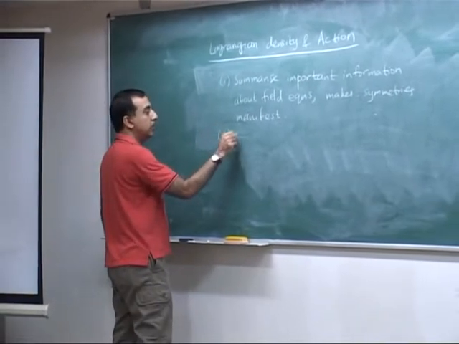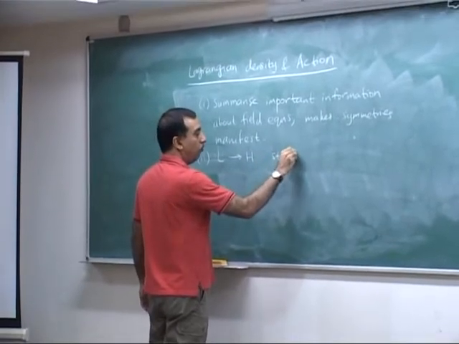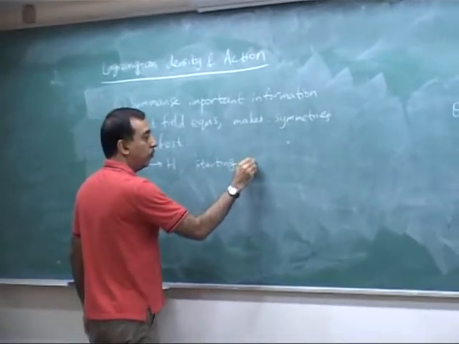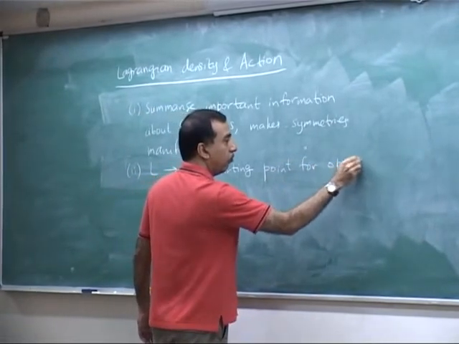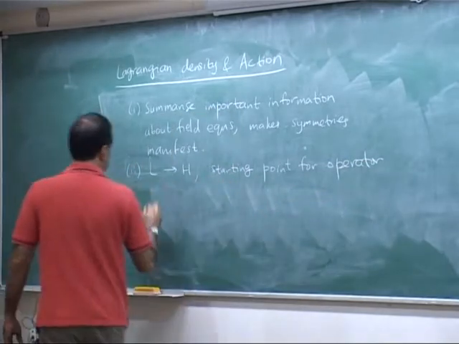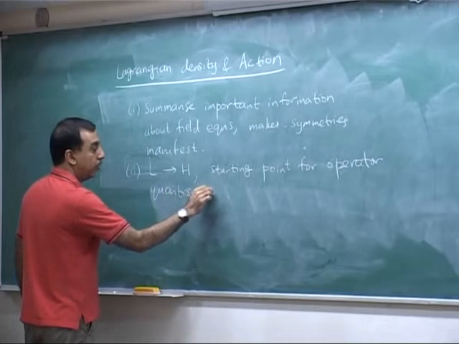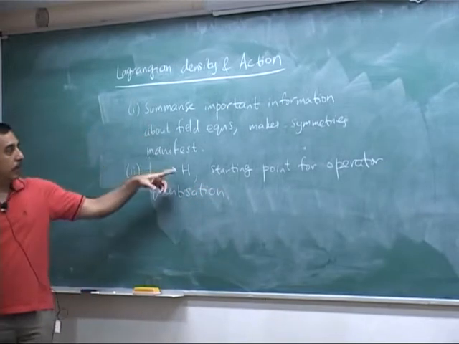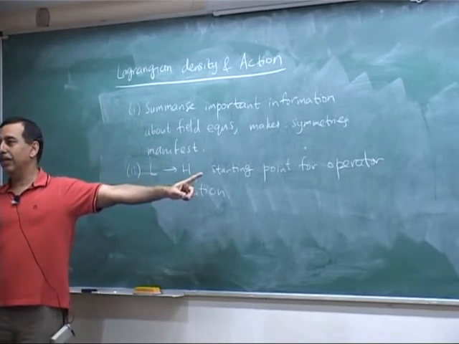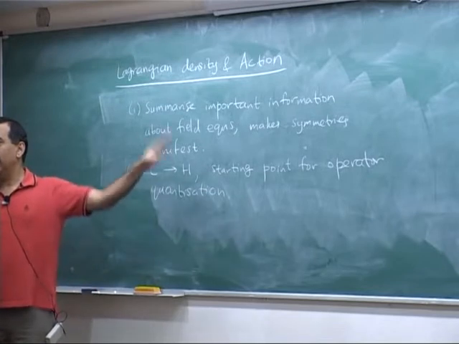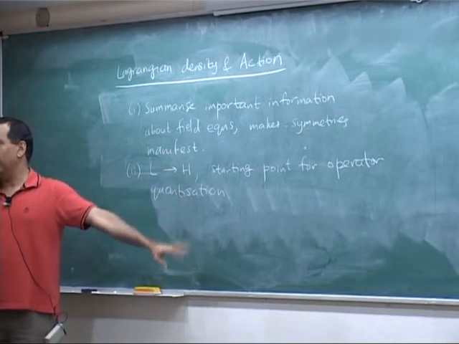A stronger reason is that the Lagrangian leads to the Hamiltonian, which is the starting point for operator quantization. We took a slightly different route. Instead of writing the field theory Lagrangian, we first used the field equations to get the equations of motion for the modes q_k, and we wrote a Lagrangian for those modes. From that we got the Hamiltonian for those modes, and we performed our quantization.